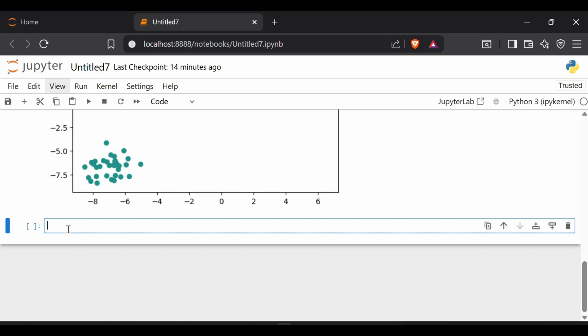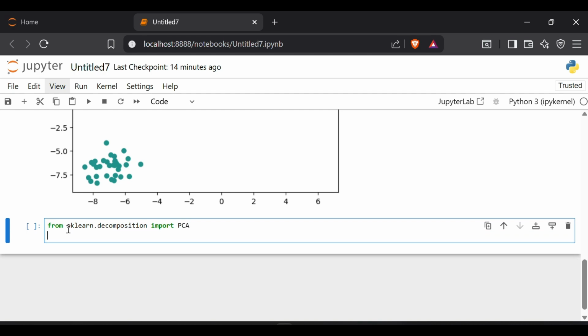You have to import from sklearn dot decomposition import PCA, and then we have to import the dataset.